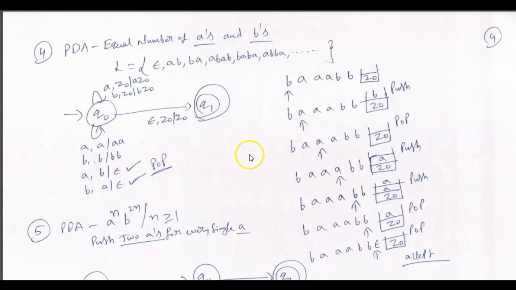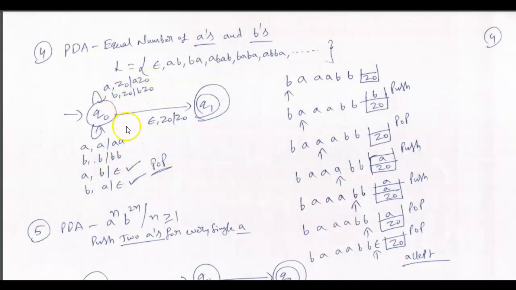Whenever we have A and the top of the stack is A, we push. Whenever we have B and the top of the stack is B, we push. Initially, for Z0, we generally push.